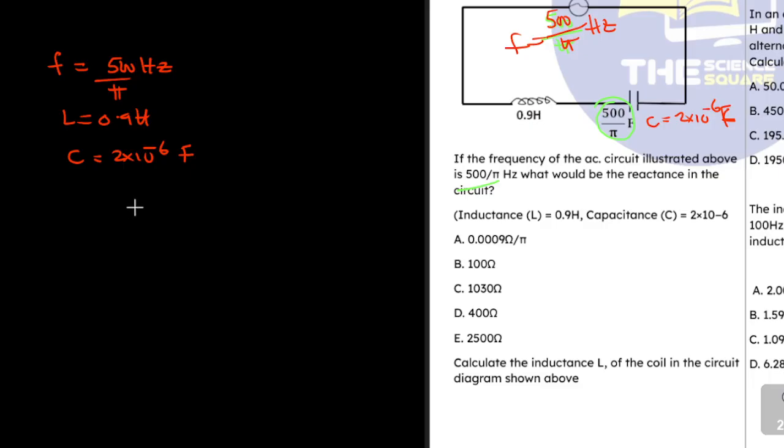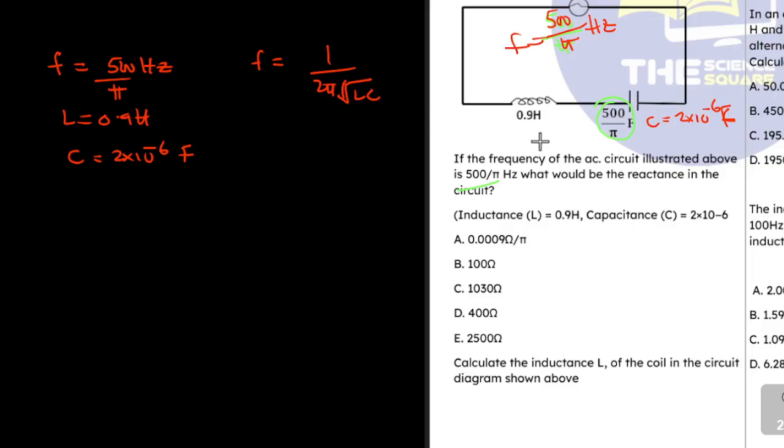We don't know if this is already at resonance. And since we don't know it's at resonance, we cannot just jump to saying f is equals to 1 over 2 pi square root of LC. We cannot jump to that.